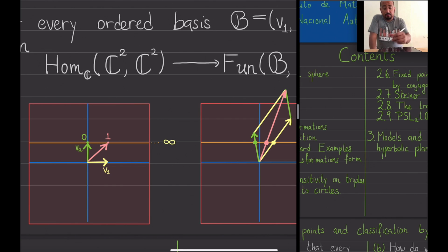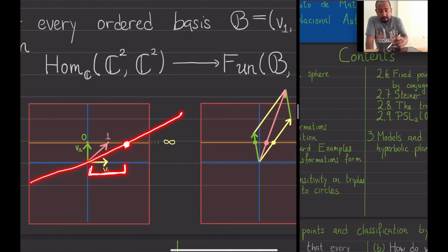And then, first of all, notice that if we use this ordered basis, V1, V2, to give this bijection between P1C and C bar, it turns out that the vector subspace spanned by V1 corresponds to infinity, and then if I take any vector subspace different from the horizontal one, one looks at how it intersects the horizontal line at height 1, and then looks at the x coordinate, and that's the complex number it corresponds to, right?